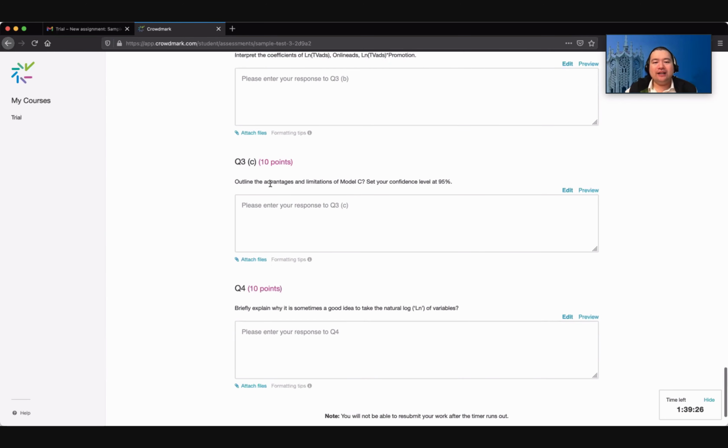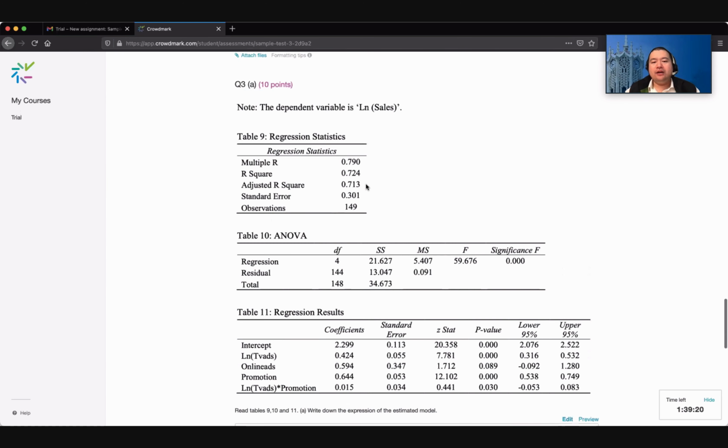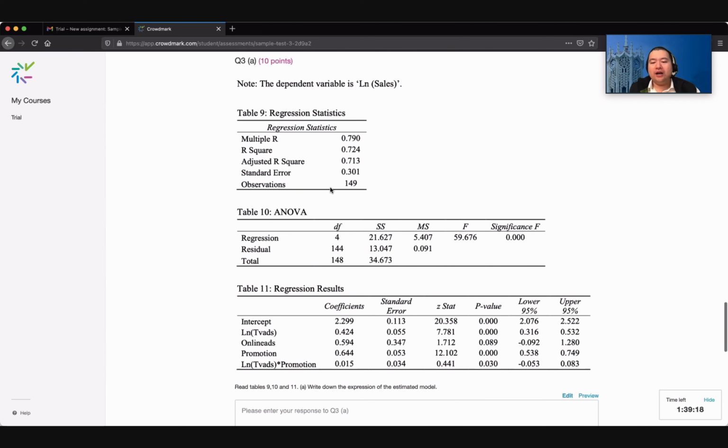So outline the advantages and the limitations of Model C. Here you can talk about what kind of advantages, and also the limitations. I leave it to you because we have talked about this in our lecture notes. Especially pay attention to why we take log.